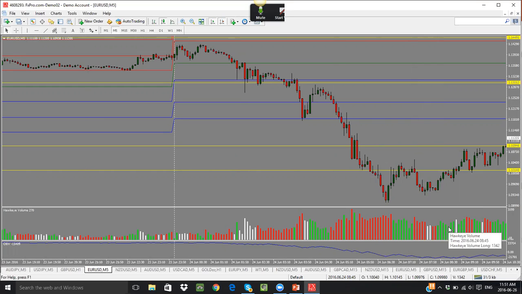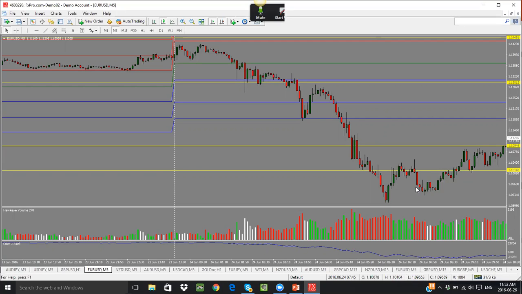This is what we talked about with pullbacks. If it's just a pullback, volume will decrease, but it doesn't turn red. So this shows us that this is just a pullback. The volume is still green, but it's decreasing. And once price starts moving up, volume starts moving up again. All right, so that's what you're looking for.